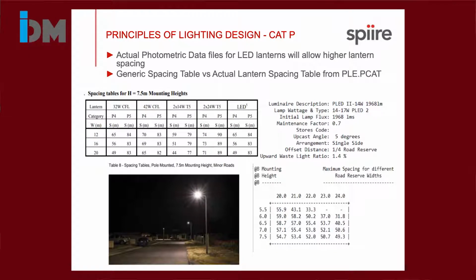We've applied a maintenance factor of 0.7. It has a 5-degree upcast angle, given that it's on a standard pole. And it's single-sided lighting, and it's also set for the lantern physically being 1/4 of the distance across the actual road reserve itself. And in this case, the upward waste light ratio of that particular lantern is 1.4%.